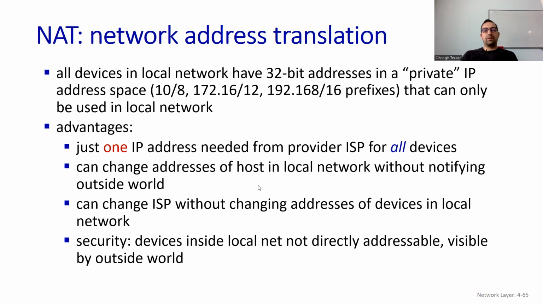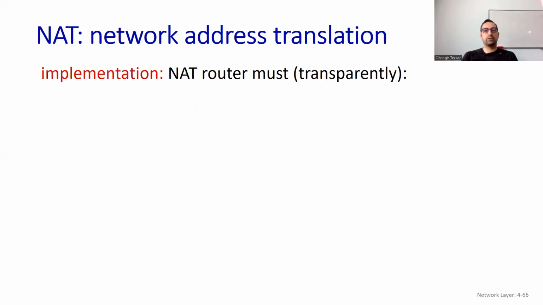This is also useful when we have experiments in your thesis or projects and so on. You can change ISP without changing addresses of devices in the local network. Security: devices inside local nets are not directly addressable or visible by the outside world. This is the good thing, so this causes more security.